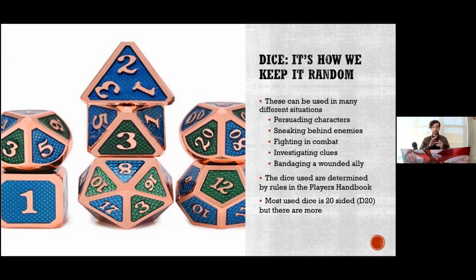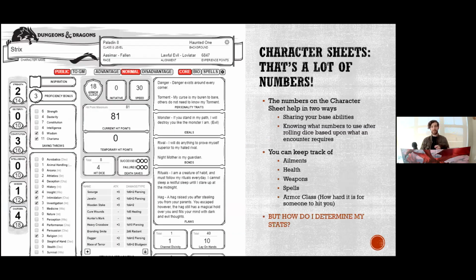Now, randomness is all well and good. However, there is one thing that, no matter what, is going to keep the game the same in and out. And that is the character sheet.